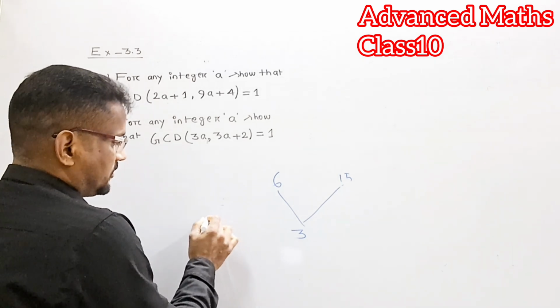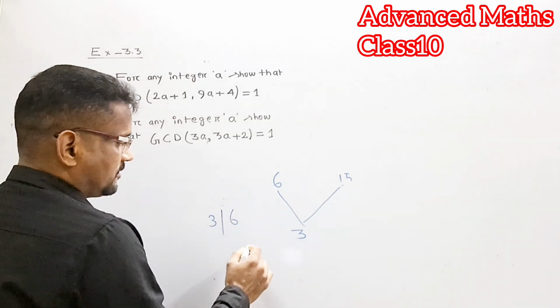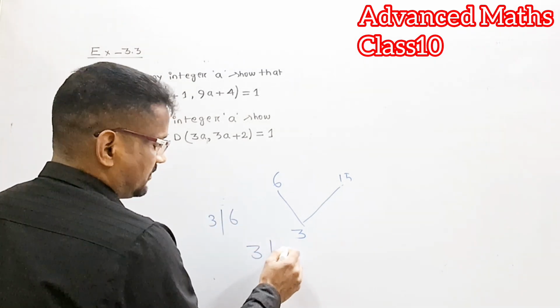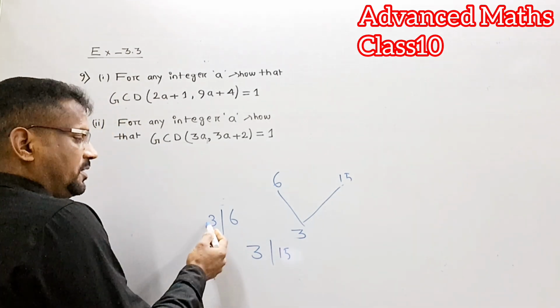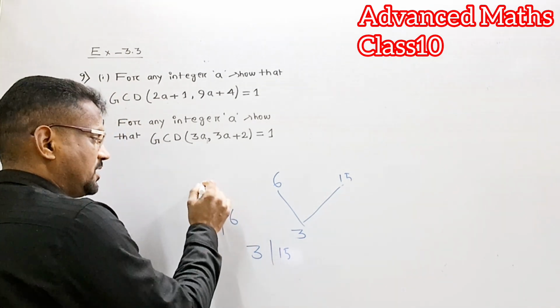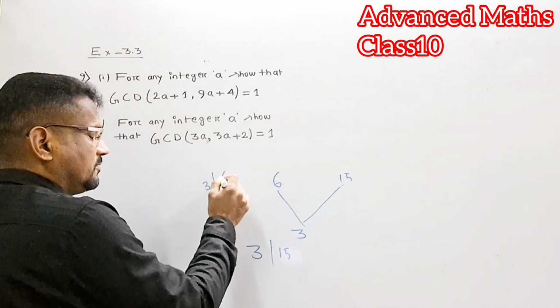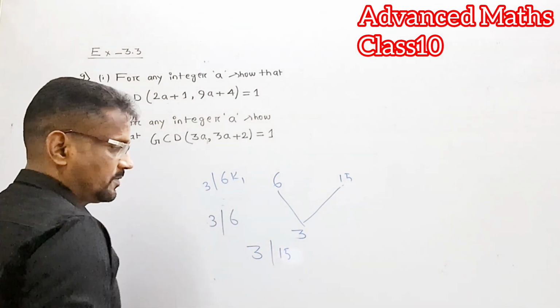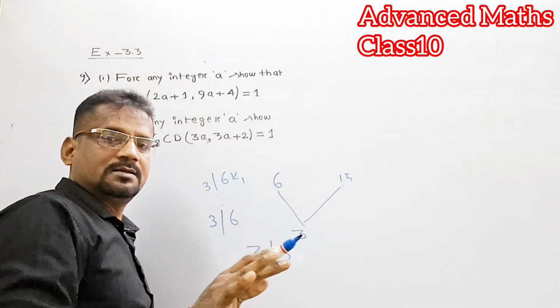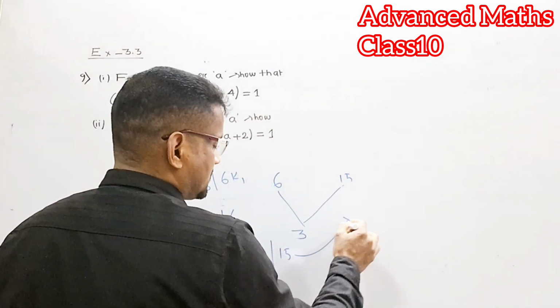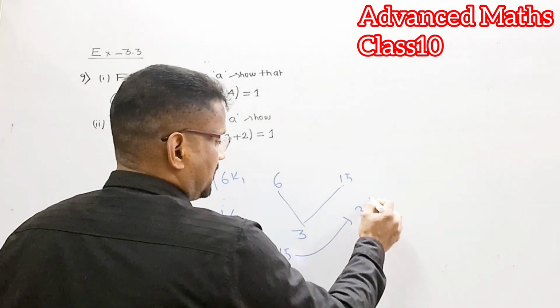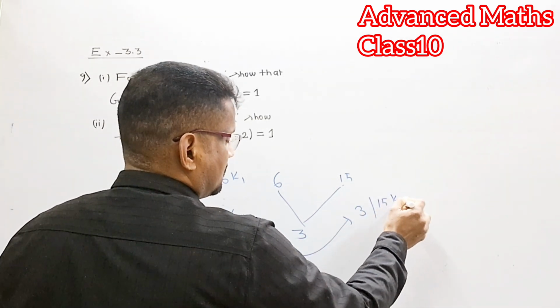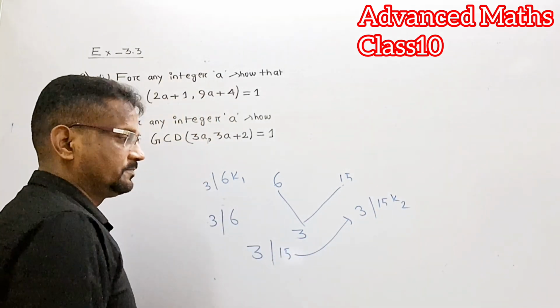That means 3 divides 6 as well as 3 divides 15. Then 3 divides any multiple of 6, say 6k1, where k1 is any integer. And as 3 divides 15, so 3 divides any multiple of 15 also, that is 15k2.